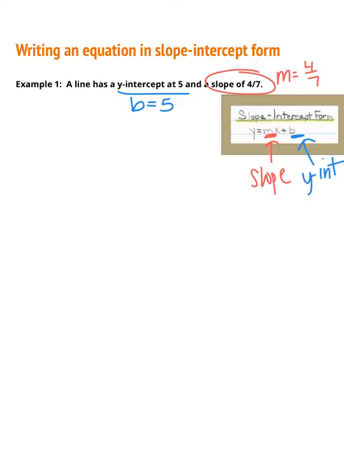When I want to write my equation, I'm going to start with y equals, and bring the m, the slope 4/7, in front of the x, and plus, remember we need the b value, that's our y-intercept of 5, so plus 5. And there you have it. This is our equation in slope-intercept form.